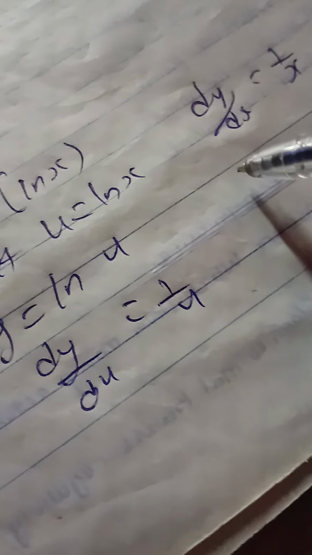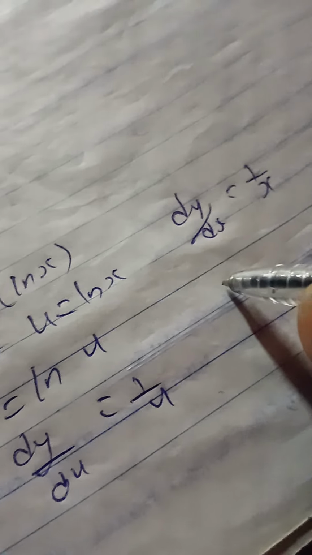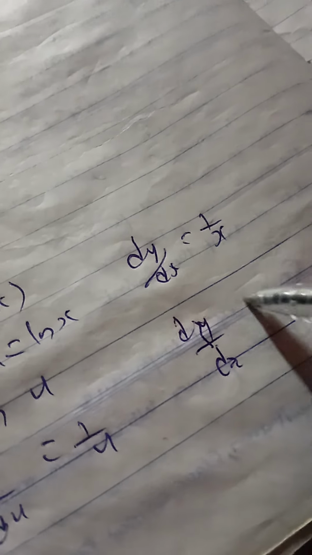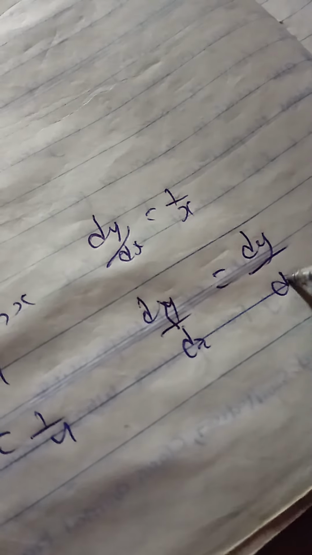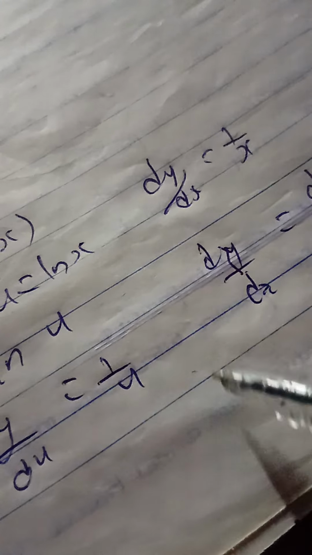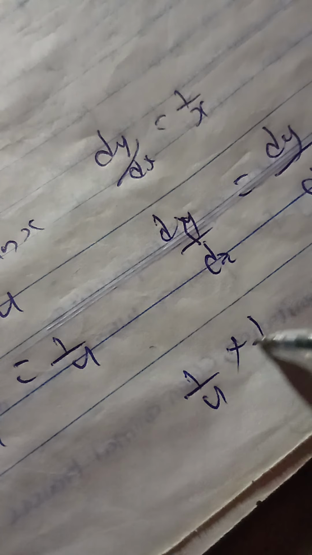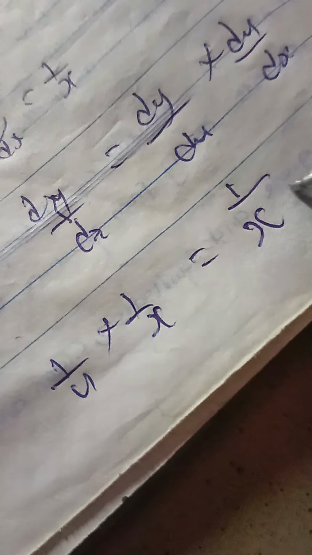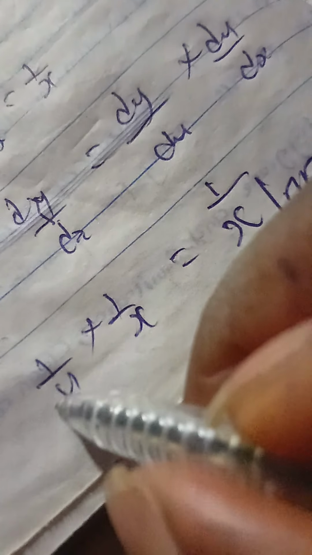And chain rule says dy over dx equals dy over du times du over dx. So that gives us 1 over u times 1 over x, which is 1 over ux. And since u is ln x, we have x ln x.